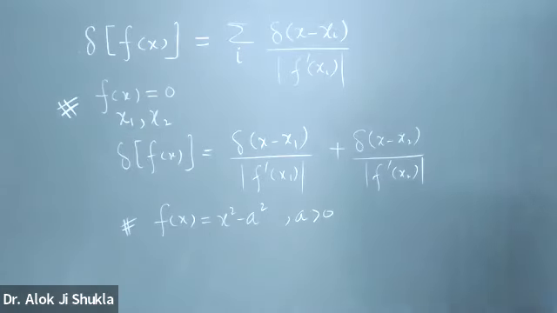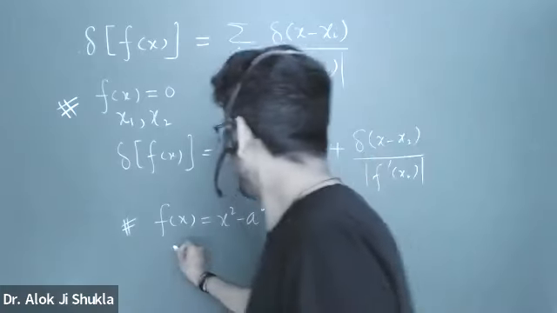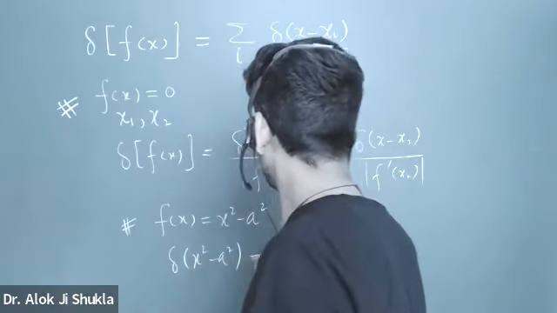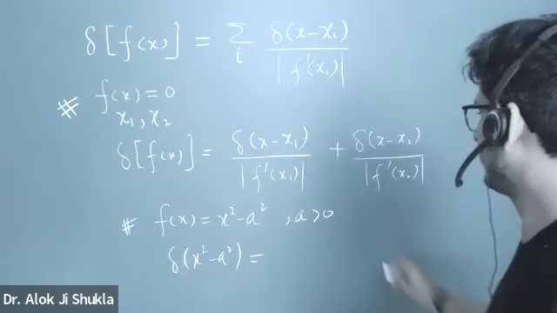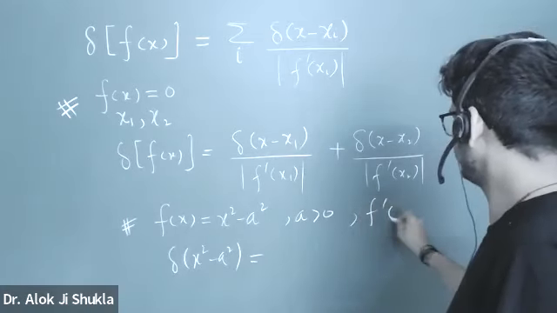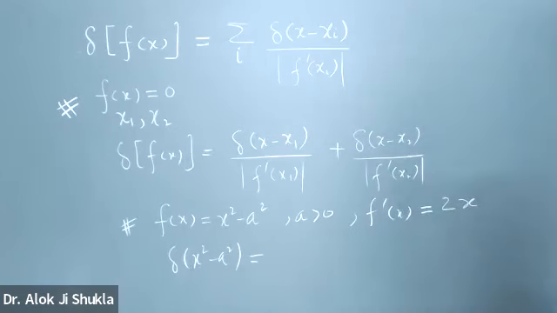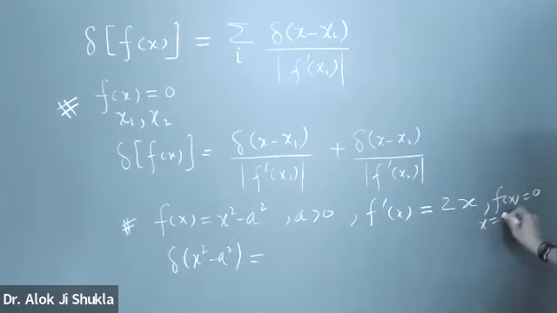Suppose you want to write delta function of x square minus a square. So what will happen? You will calculate f dash x also, which is 2x, and also the roots of f(x) equal to 0, which give you a and minus a.